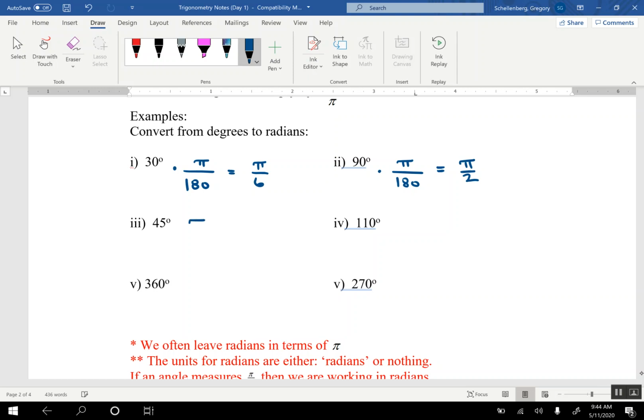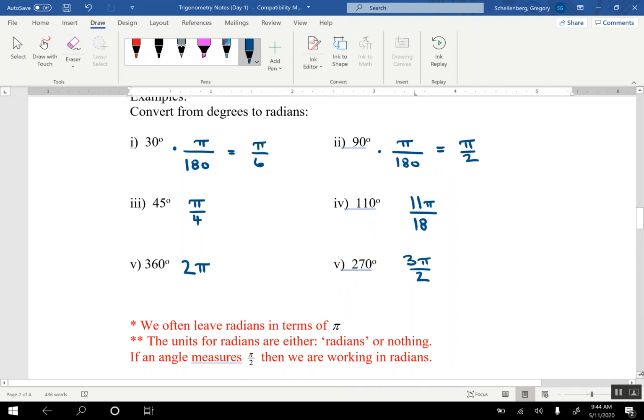This is going to become pi over 4 radians. We know that 360 degrees is 2 pi radians. 110, we're going to get 11 pi over 18. And 270 degrees becomes 3 pi over 2 radians.